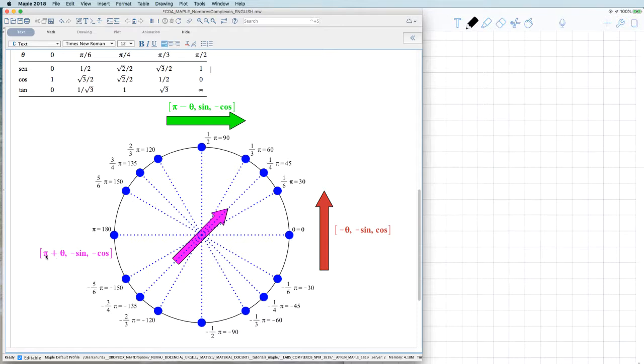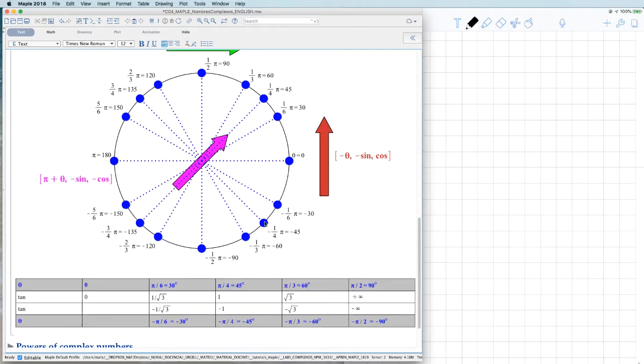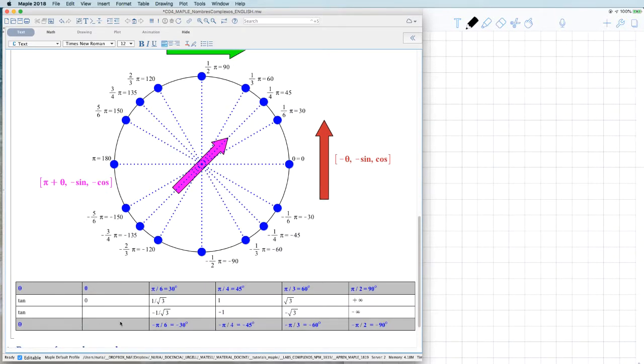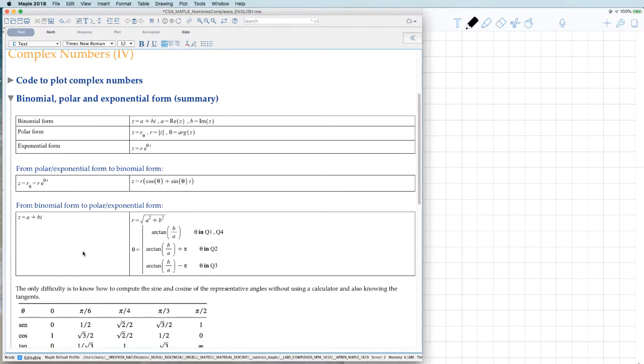If we are on the third, we just add pi to the argument that we have, but we change both sine and cosine signs. And if we are on the fourth, we just change the sign of the argument, and then we change the sign of the sine function. Also here you have the table that allows us to compute the arctangents easily. So this is a brief summary.